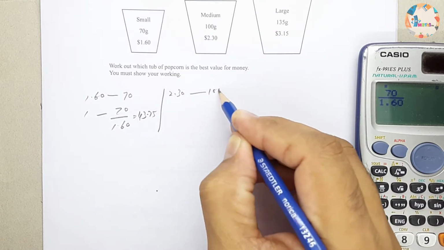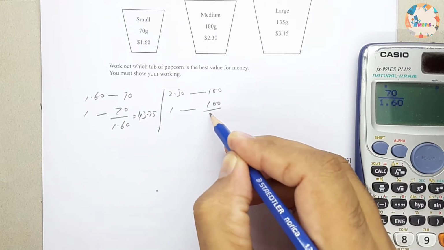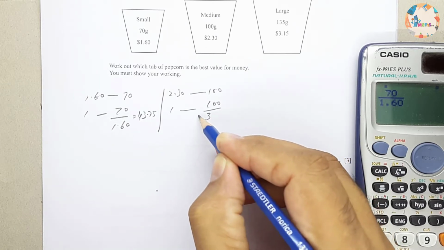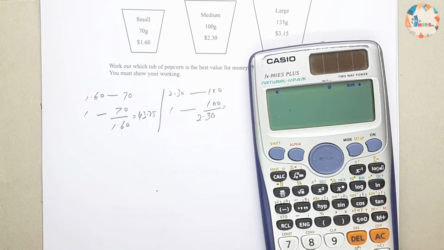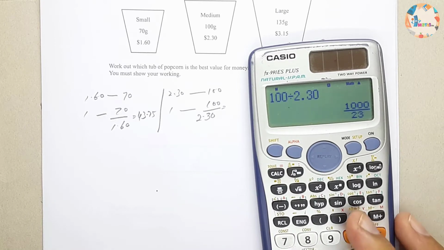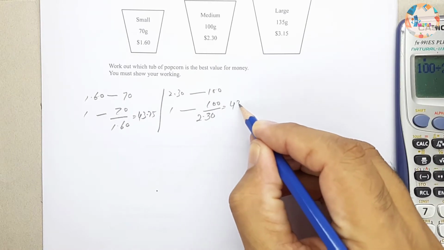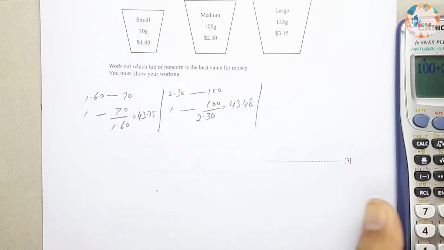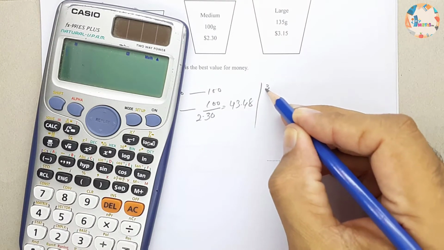And if we check the next one, which is $2.30 for 100 grams, we do 100 divided by 2.30, which will give us 43.48. Next is 3.15.